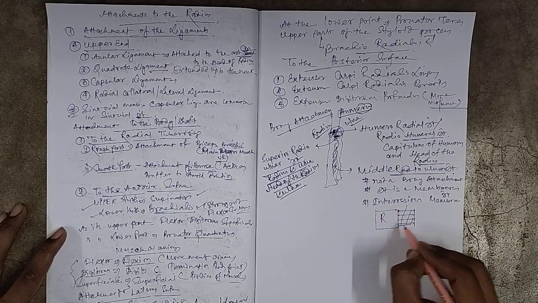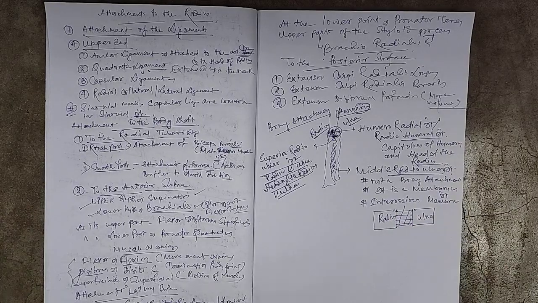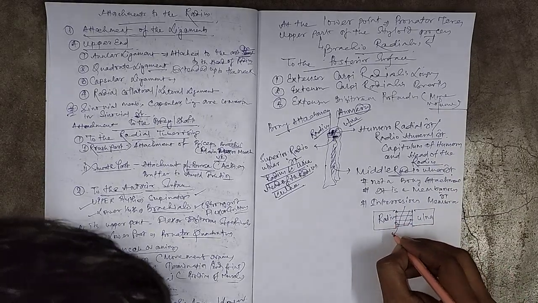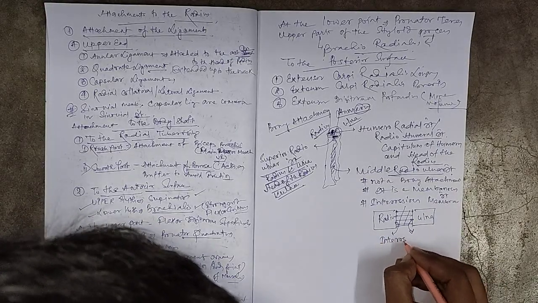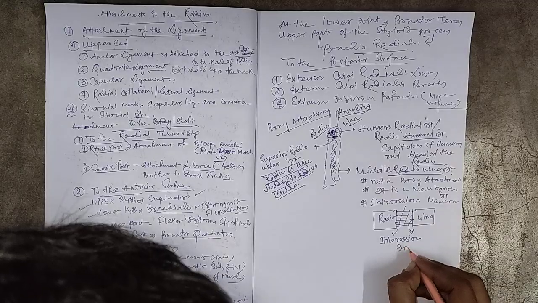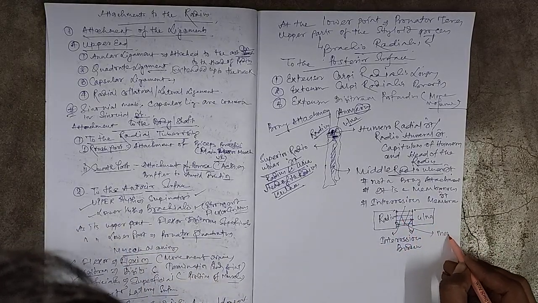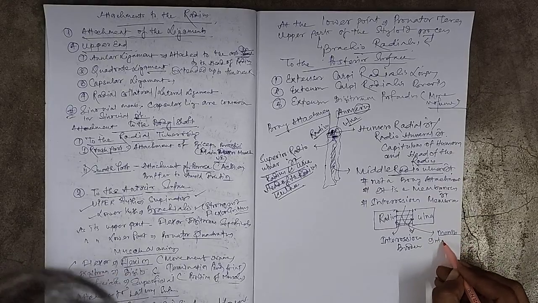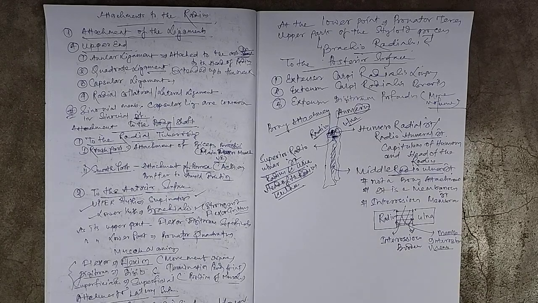This is the radius bone, this is the ulna bone, and both have an interosseous border, and in between the interosseous borders there is a membrane present. This is known as the interosseous membrane, and the interosseous membrane joins the radius and ulna. That's why it is known as the middle radioulnar joint.